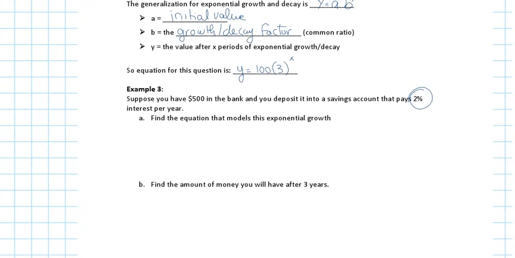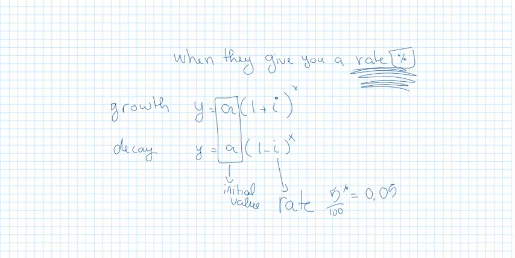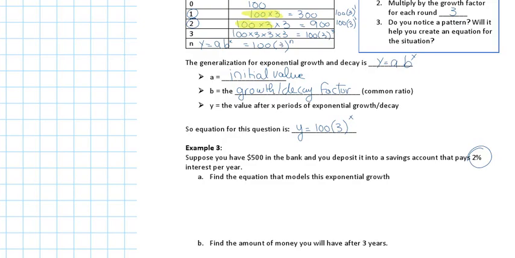Since they give me a rate, a percent, what formula do I have to use? Growth. So I have to use a plus: y equals a(1 plus i) to the power of x.